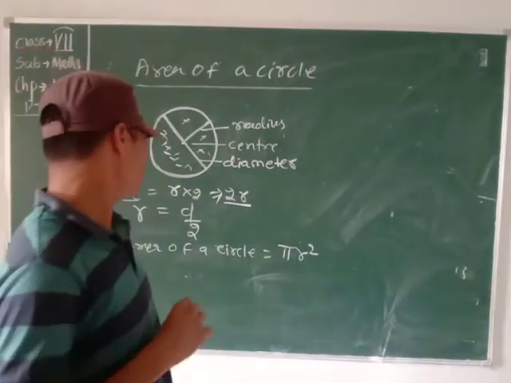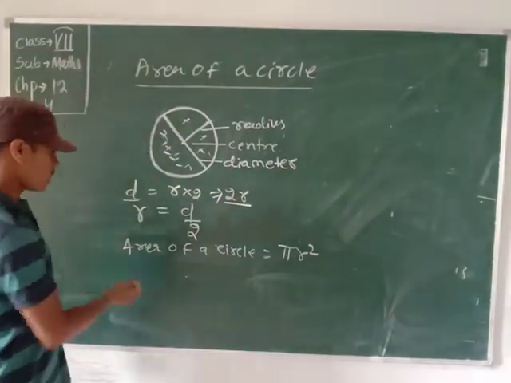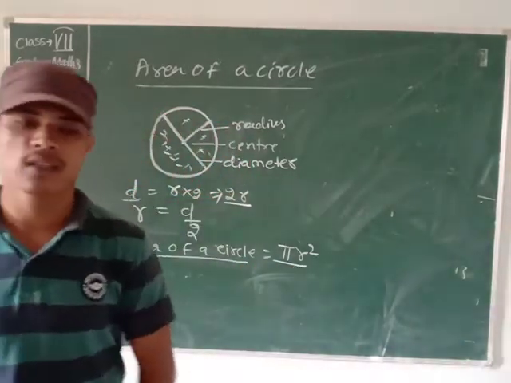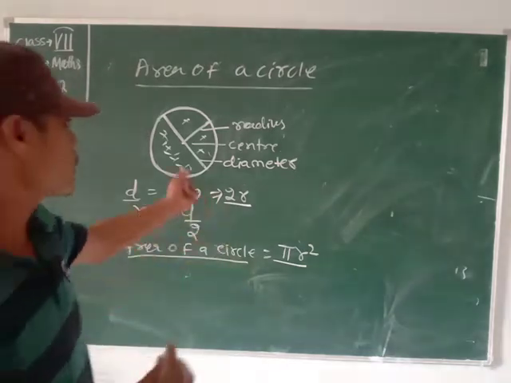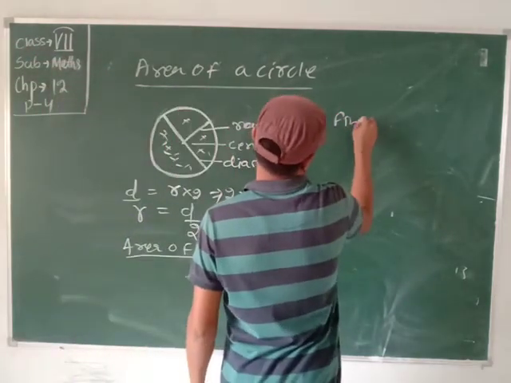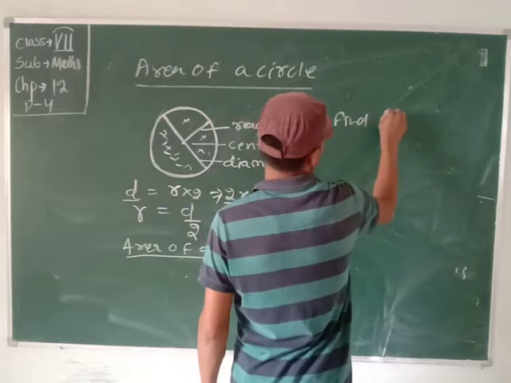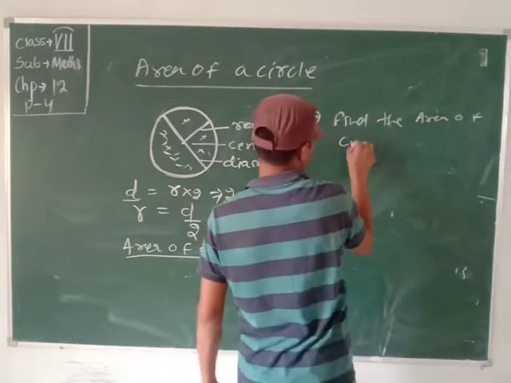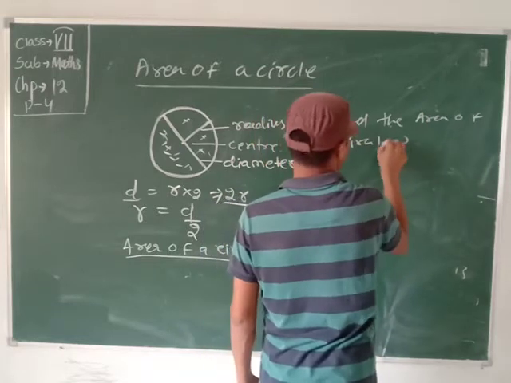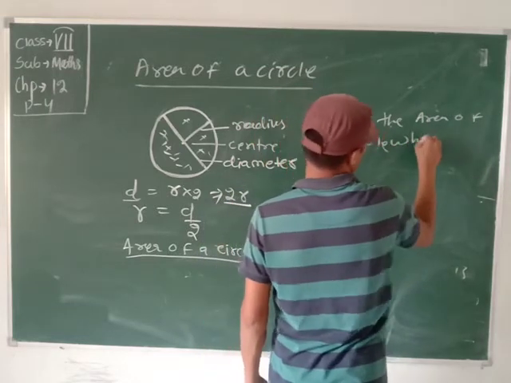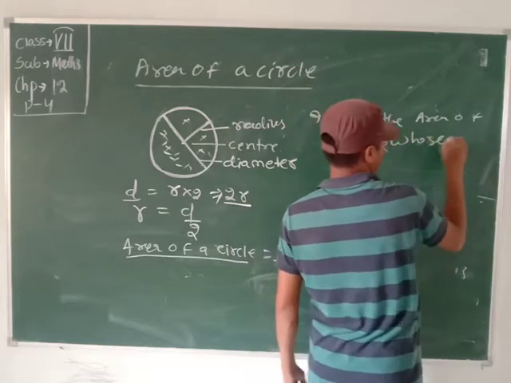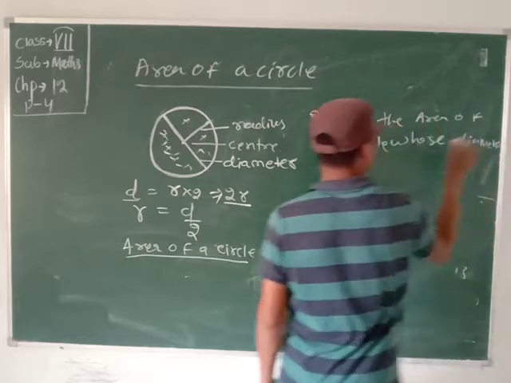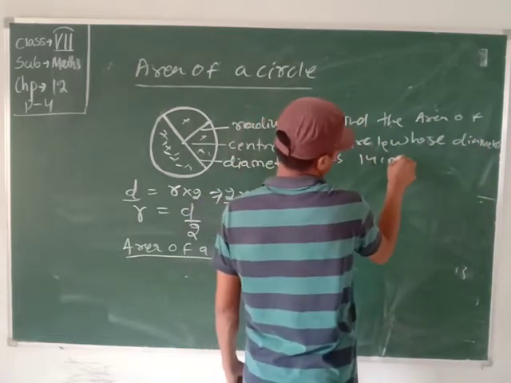How do we find the area of a circle? We know the area formula is pi r square. Now we put in the values. Find the area of a circle whose diameter is 14 centimeters.